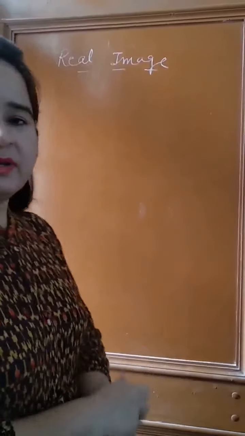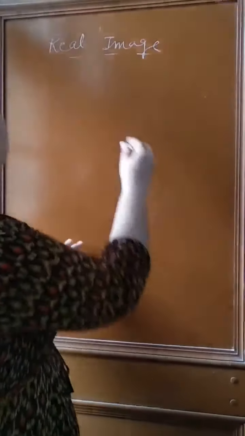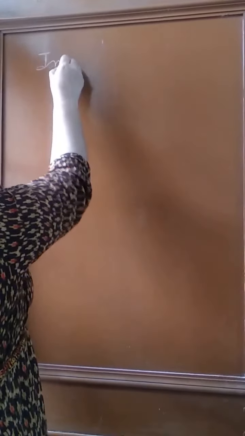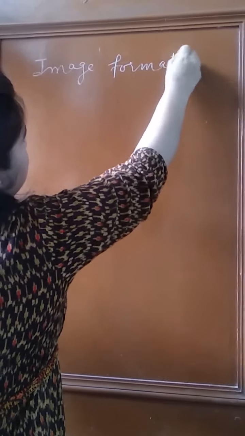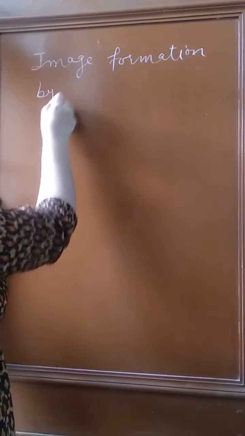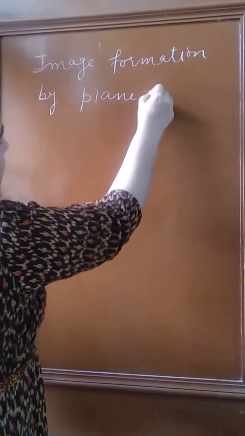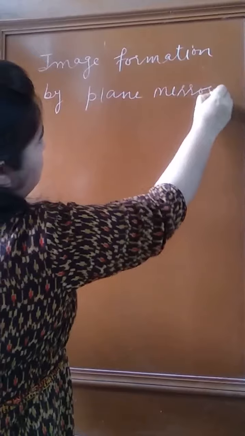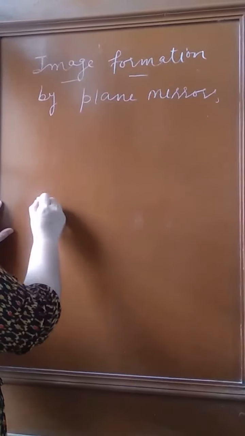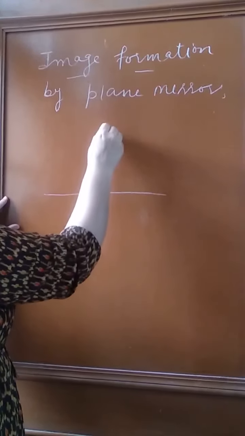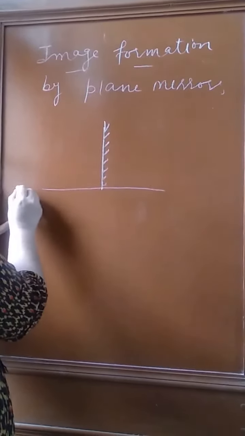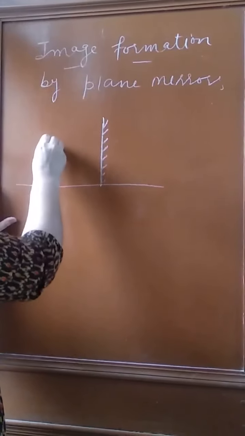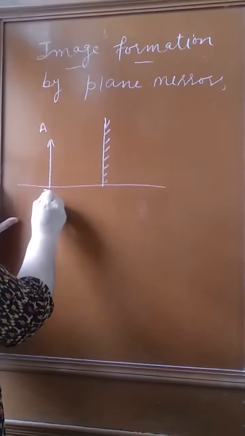Now, next we will discuss the image formation by plane mirrors. Consider a plane mirror. An object AB is placed in front of the mirror.